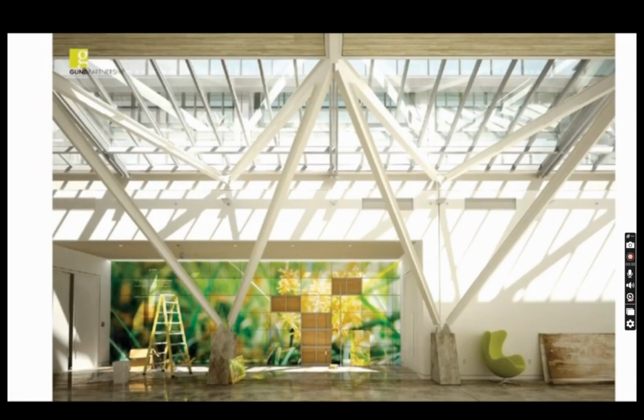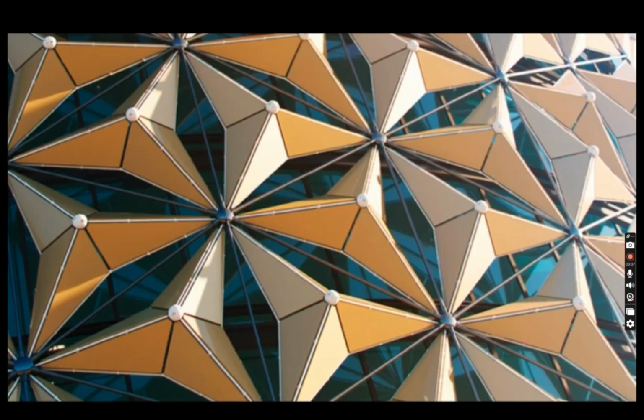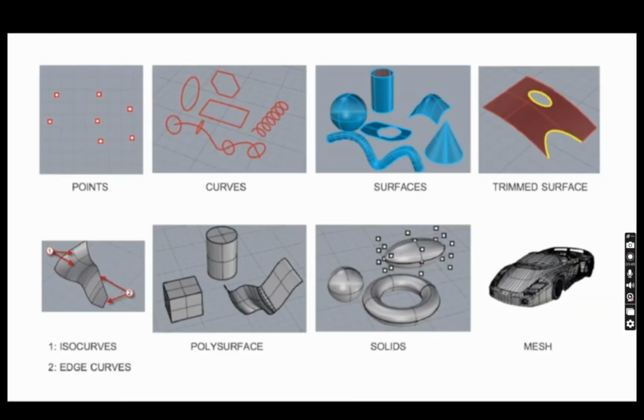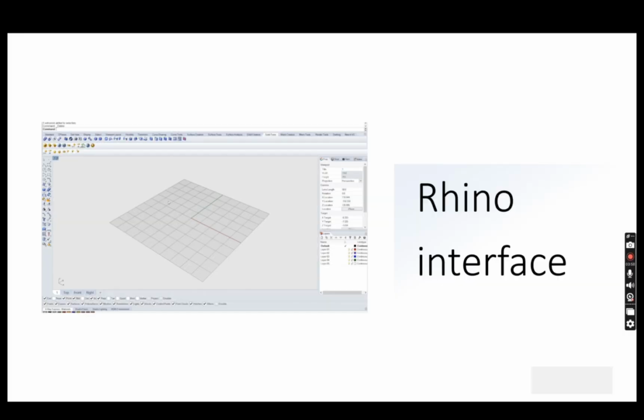These are examples of rendered shots from Rhino. You can also draw patterns, like the patterns in Dubai towers. And these are the Rhino objects: points, curves, surfaces, trimmed surfaces, iso curves, polysurfaces, solids, and mesh.